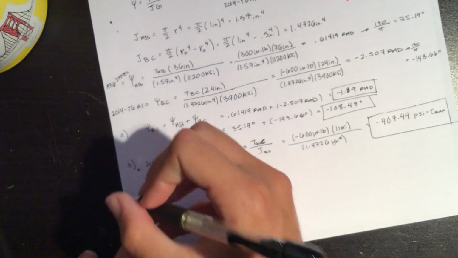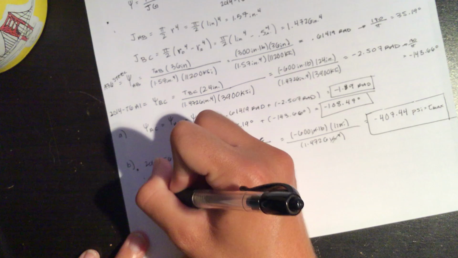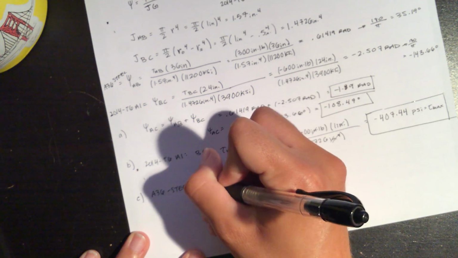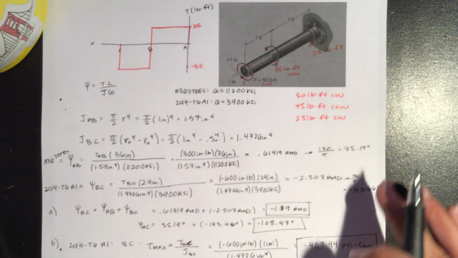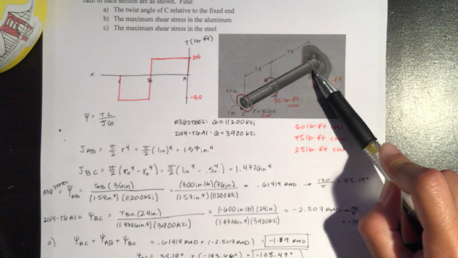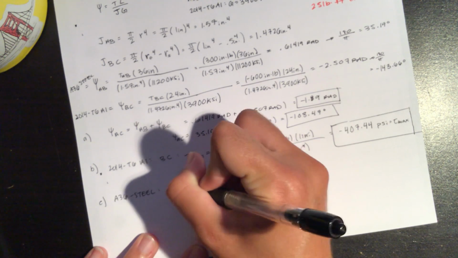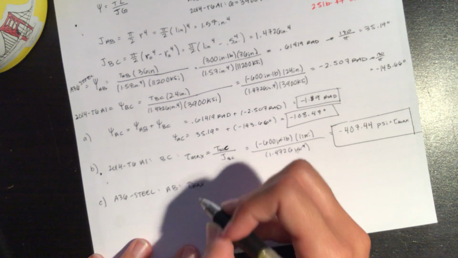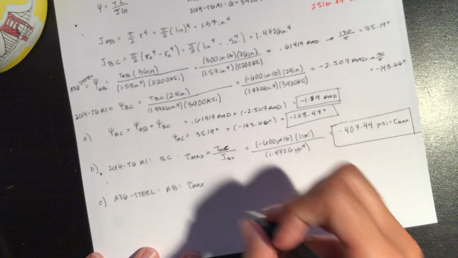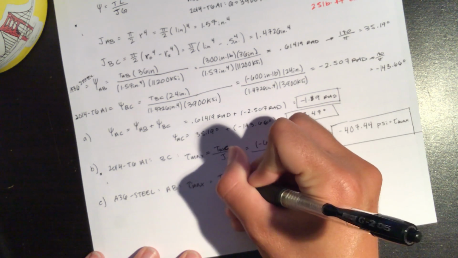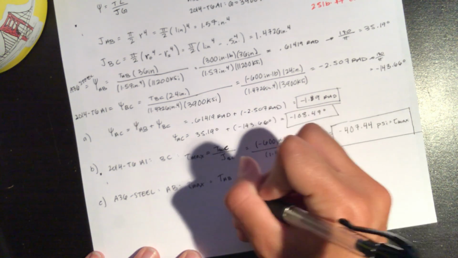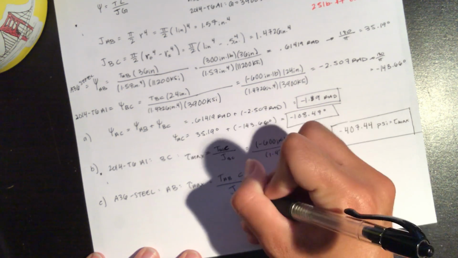Now we need to solve for our A36 steel shear max. Since the cylinder has steel from A to B, that's the section we're using, AB. We use the same equation as we did for the aluminum, which is the max shear stress is equal to torque of AB for this portion, since it's for the steel, multiplied by C over J AB.